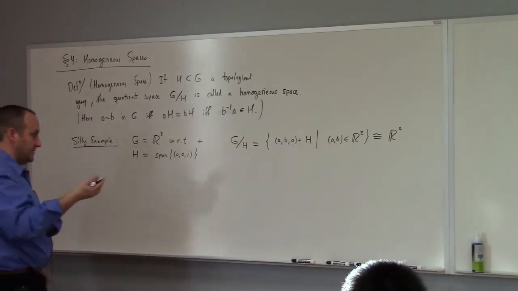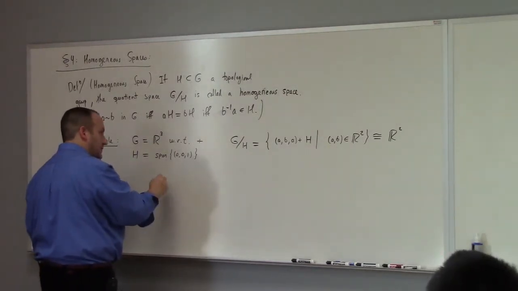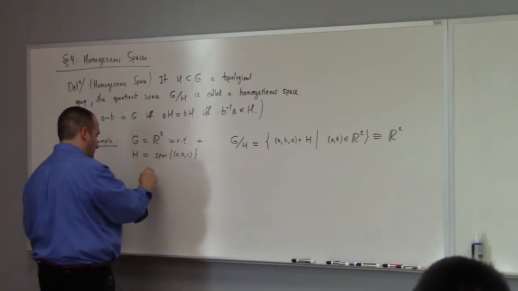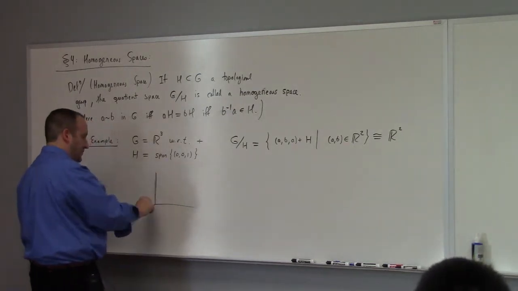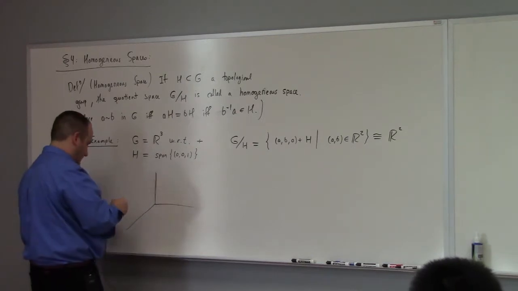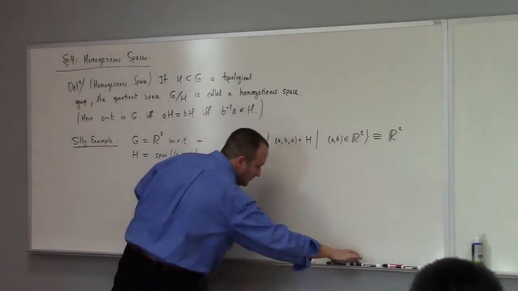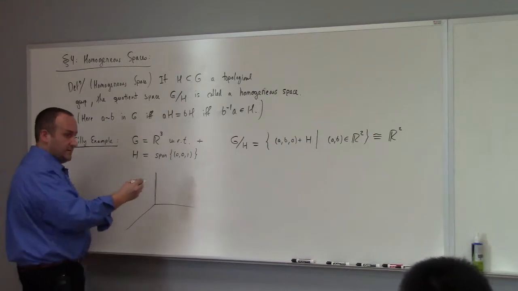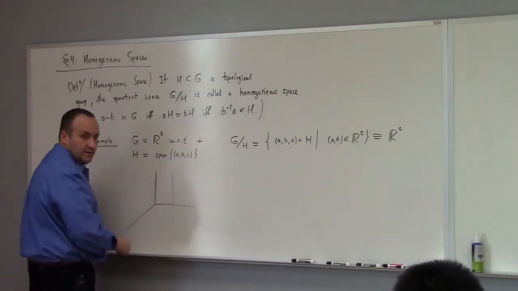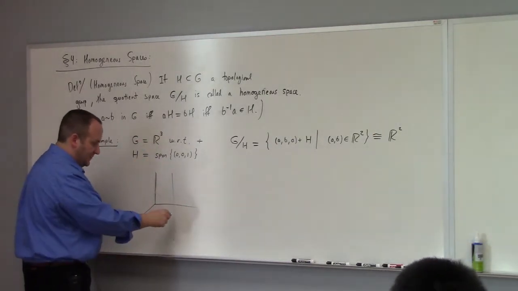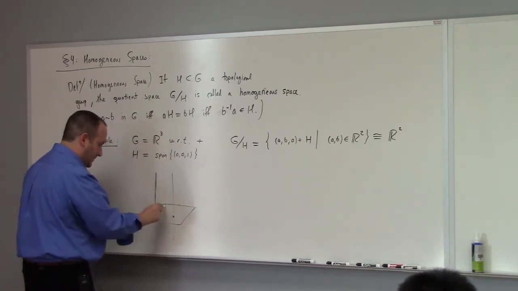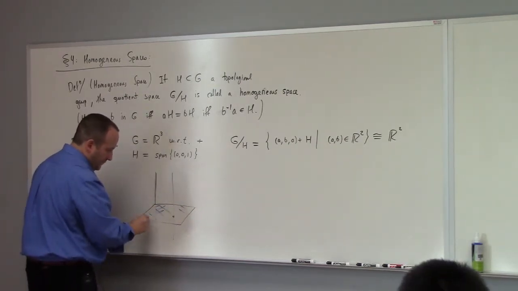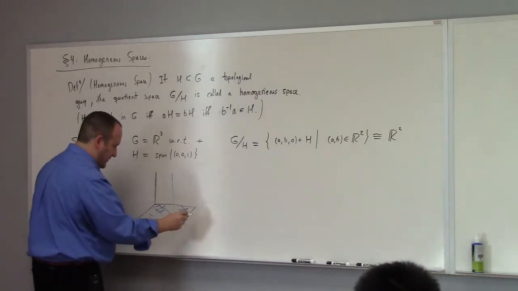I mean, the picture that I think of in this is something like, so what's a typical coset? It's something like a vertical line, right? And we can identify that coset with its intersection with the xy plane, right?